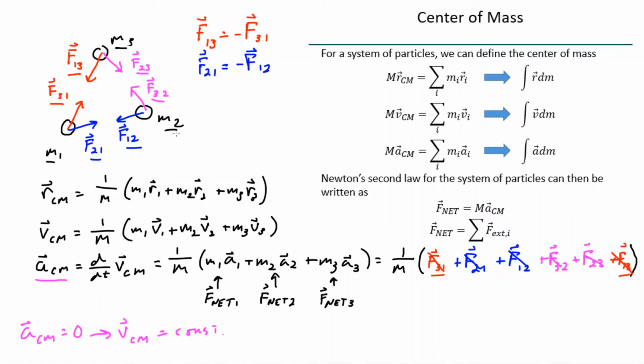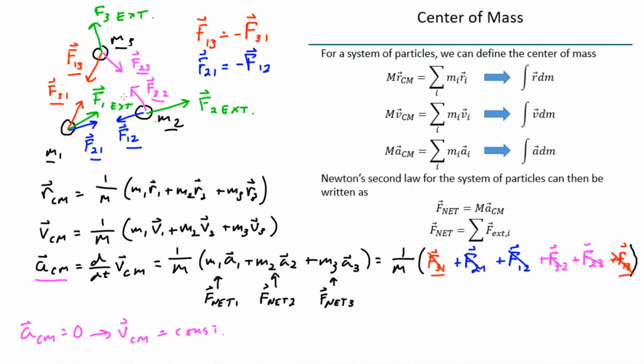Well, now let's say I go ahead and add in a couple of external forces. Let's say I add in an F2 external like that, and an F3 external like that, and I'll put in a little F1 external too.